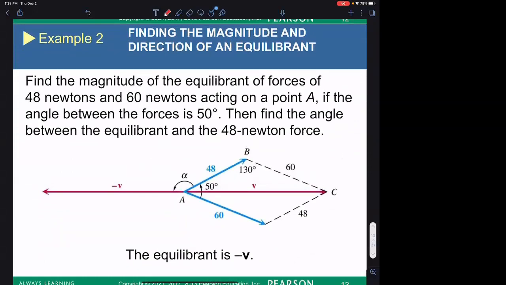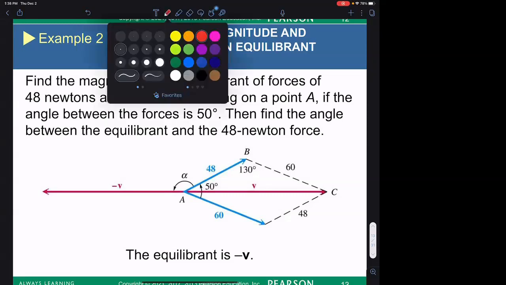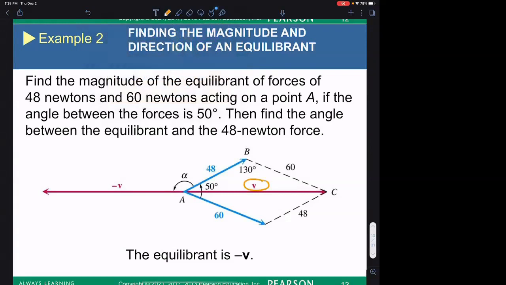So the two blue vectors are the vectors they're starting with, and the resultant of these two blue vectors is what they're labeling as the V vector here. If you added A to B, let's see, there's no point down there.